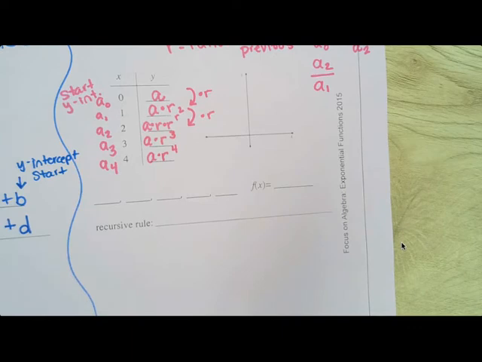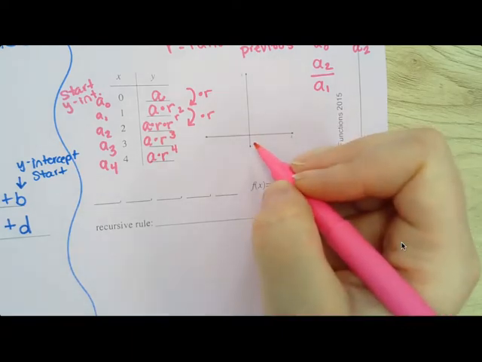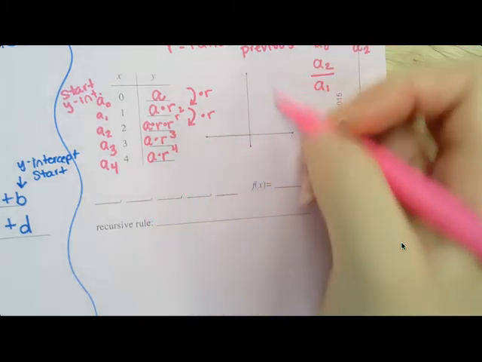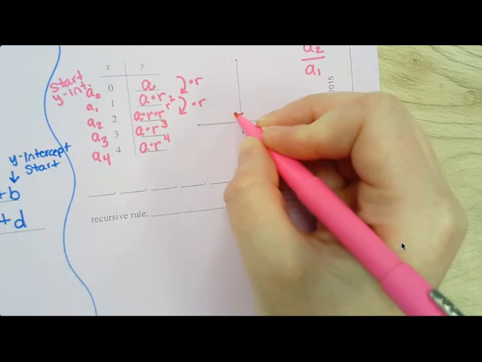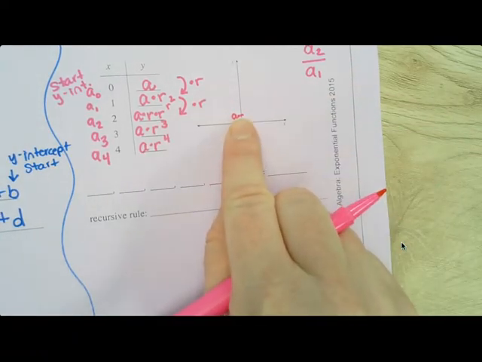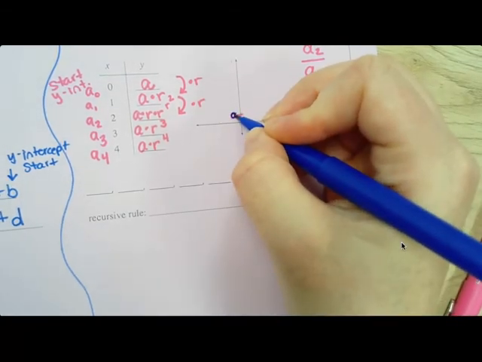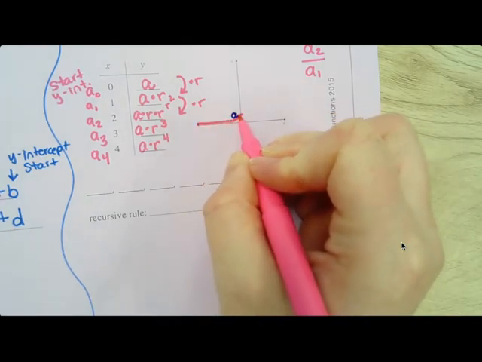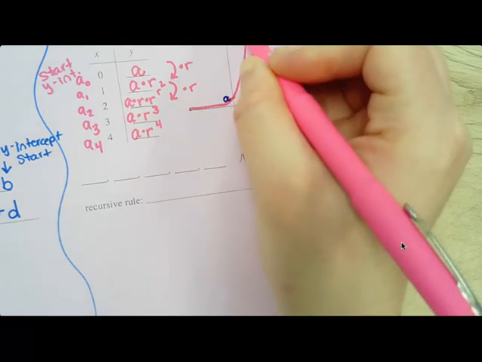So then our graph, if it's exponential, let's say that this is A. Then we are going to skate along the bottom and then go up.